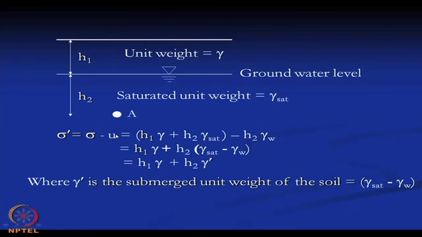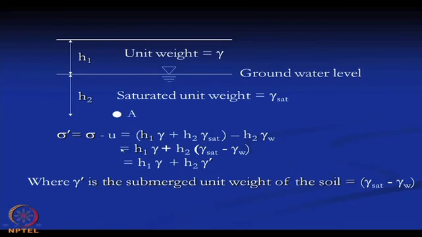and the pore water pressure at a point A, which is at a depth of H2 from the water surface, can be determined as H2 into gamma W, where gamma W is the unit weight of the water.